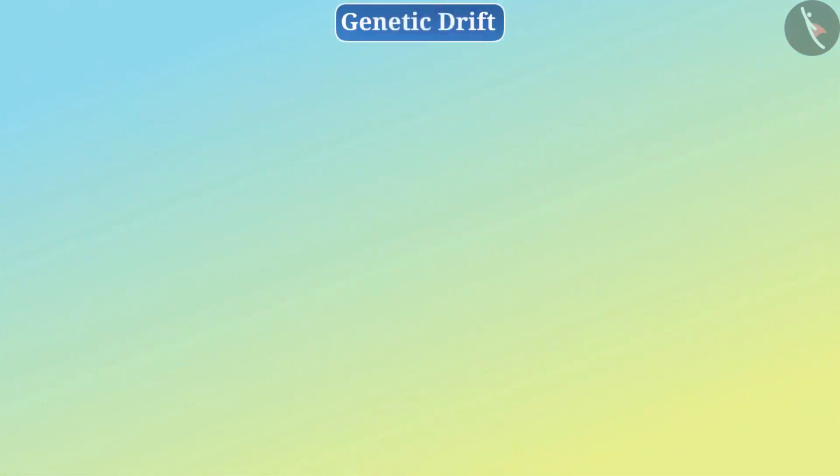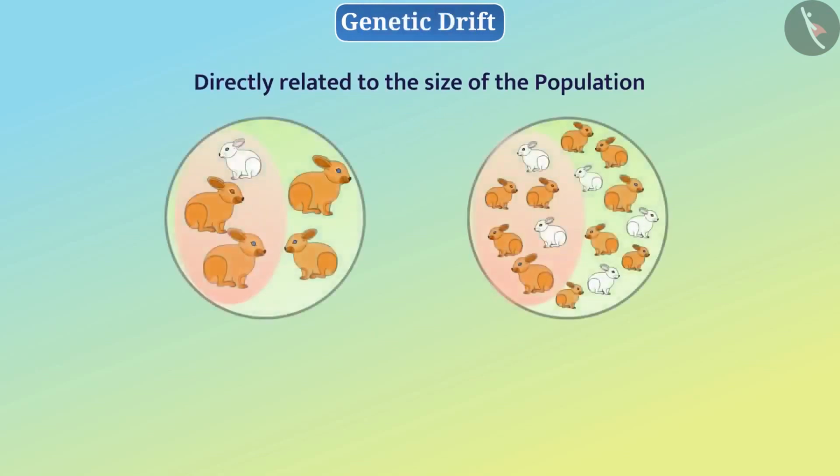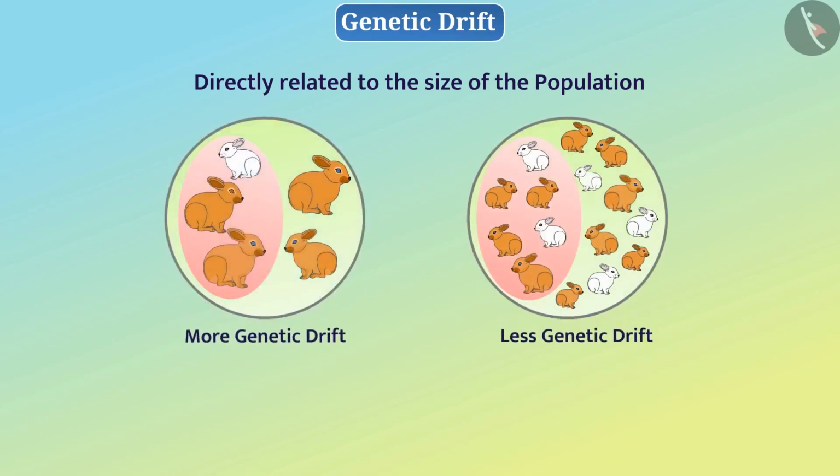Genetic drift is directly related to the size of the population. If the size of the population is small, then the genetic drift will be more. Therefore, the number of organisms must be very large in the population, such that there will be more chances of survival of the organisms from a sudden accident, and thus there will not be much effect on the frequency of the genes, that is, there will be no genetic drift.